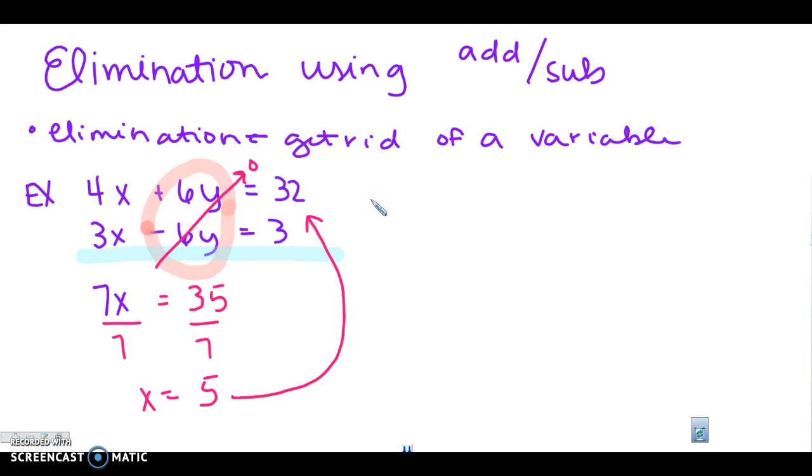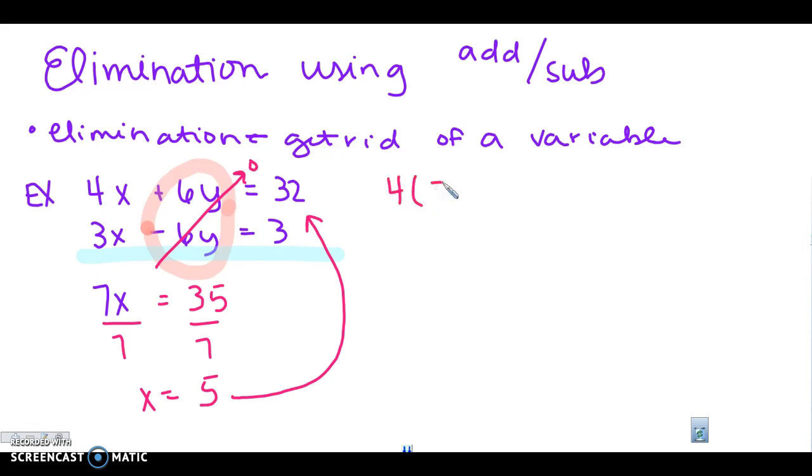I like to pick whichever one is easier. If there's a 1x or a 2 or something small, I usually pick that equation. Here we're dealing with 4s, 3s, and 6s, so it doesn't really matter. I see that this one has only a positive, so maybe that'll be a little easier. So I'm going to try that one.